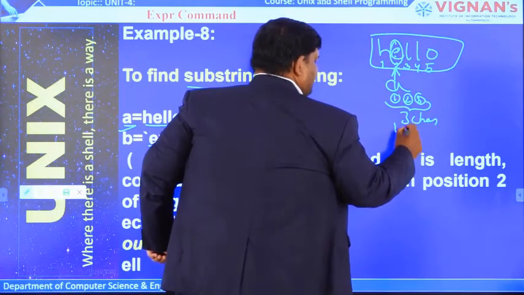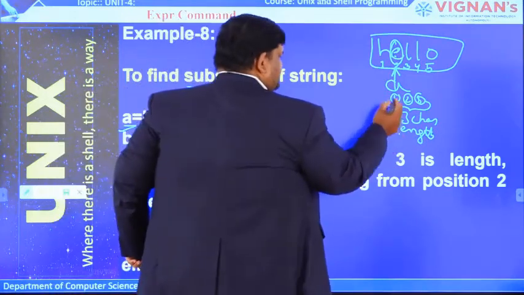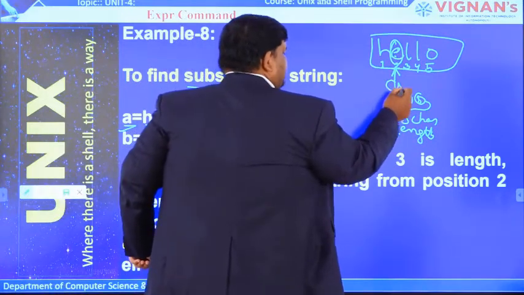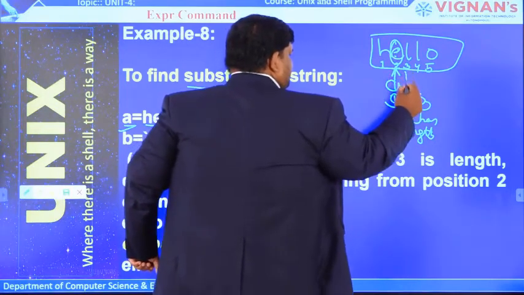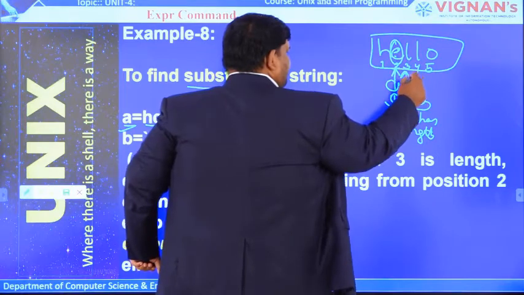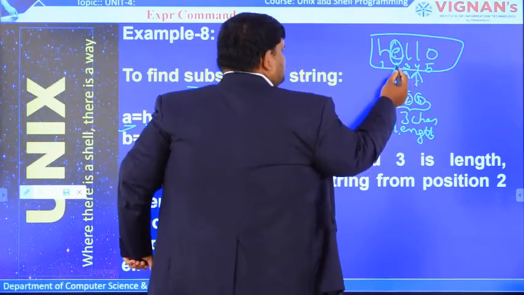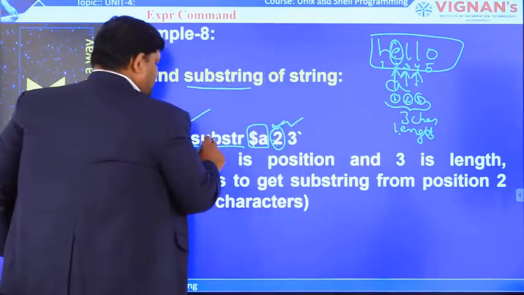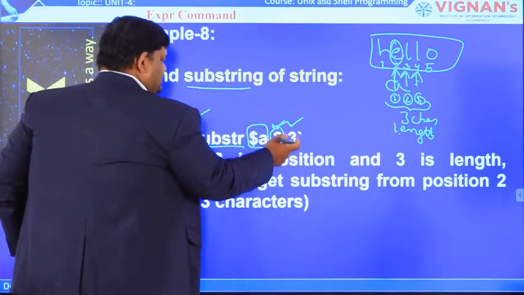This is known as the length. So 3 indicates the length. From the second position we are going to extract 3 characters, that means the second one, third one and fourth one. So this substring will be extracted from position 2, with length 3.